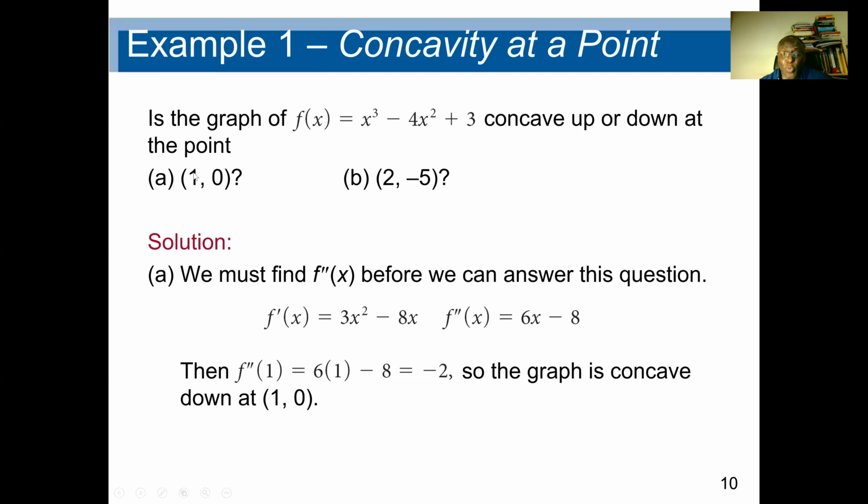Now we substitute 1. The rule says that if the second derivative of the function is greater than 0, then we have concave up. If it's less than 0, we have concave down. In this case, we get -2, so it's less than 0. So we say that the graph is concave down.